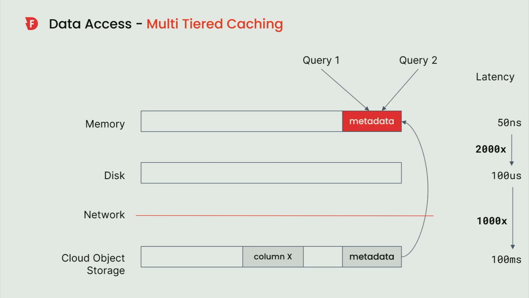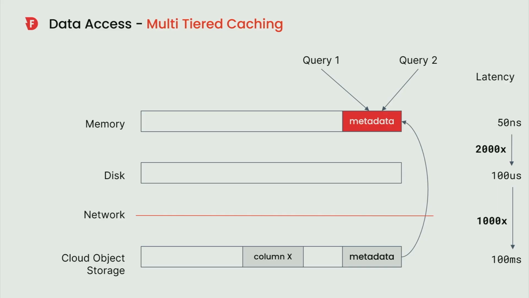Let's now say we have 2 queries coming in that actually want to access that Parquet file. There's no metadata overhead. We had all of that cached in main memory, and they care about scanning column X. To locate column X within the Parquet file, the first thing they need to do is look at the metadata to find the right offsets.